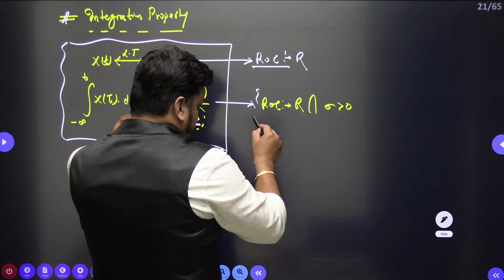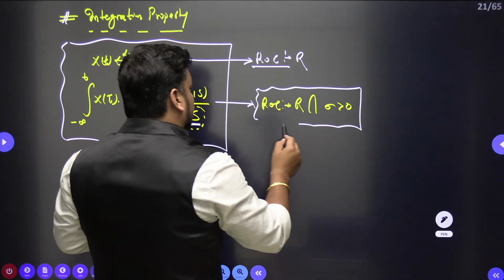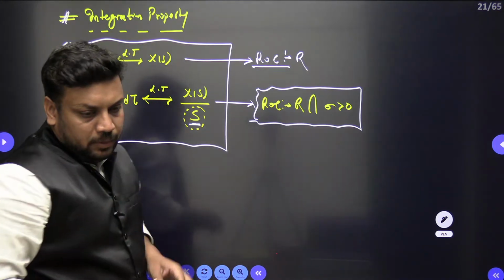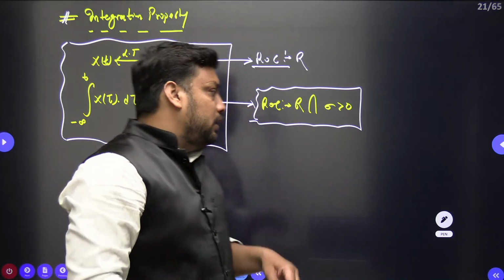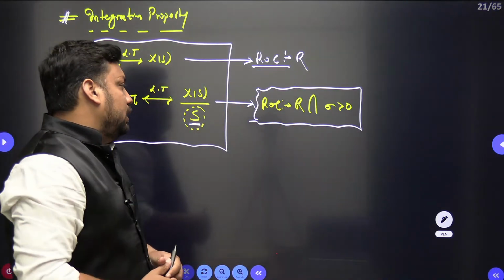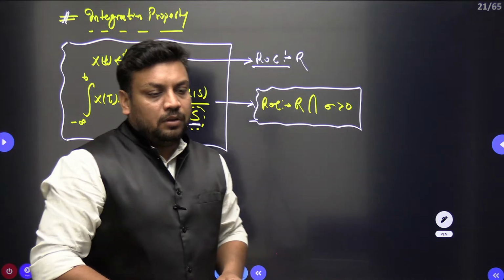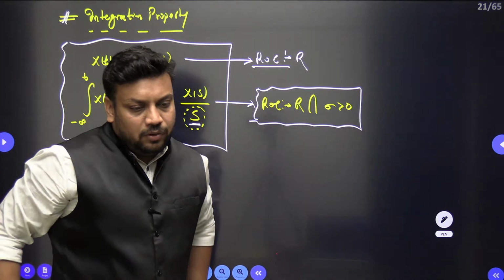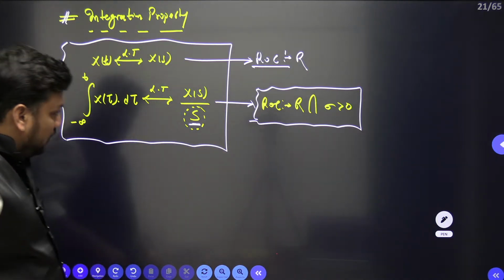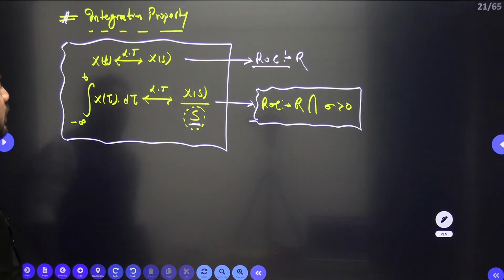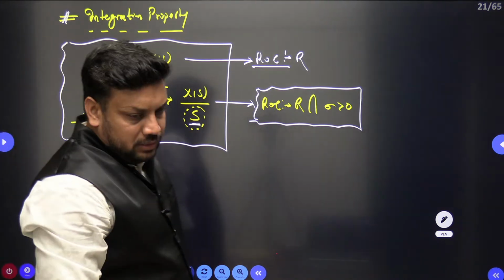Say yes or no. Because one pole at the origin definitely gives the condition sigma greater than 0. Tell me guys, yes or no? Shall we go for the next? All of you guys do reply. I hope this is crystal clear to you, children.